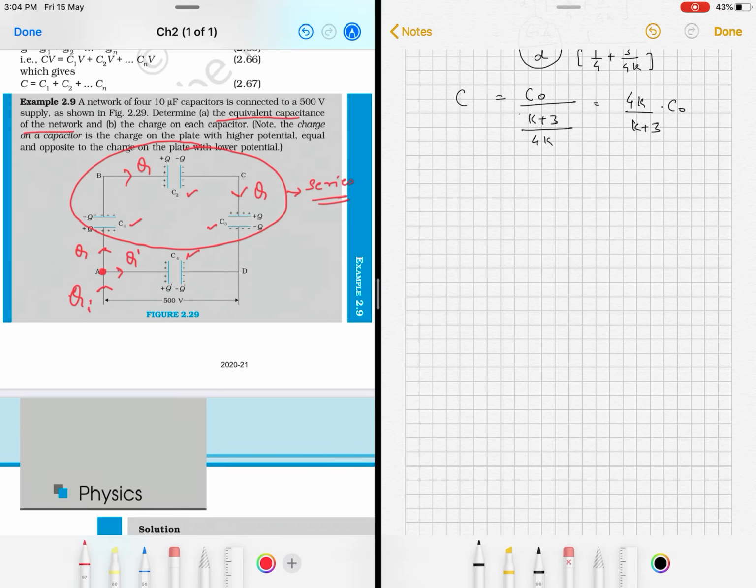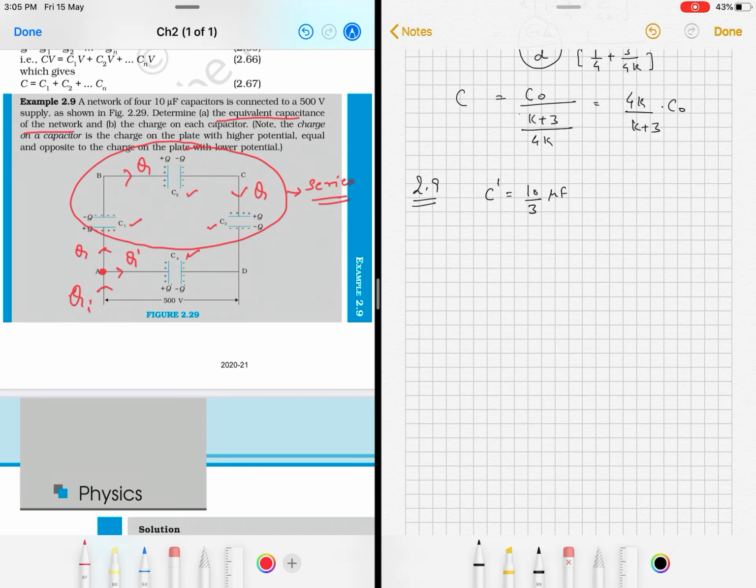So we find the net capacitance of C1, C2 and C3, suppose it is C dash. So 1 upon C dash is equal to 1 upon 10 plus 1 upon 10 plus 1 upon 10, that is 3 by 10. So C dash is equal to 10 by 3 microfarad.